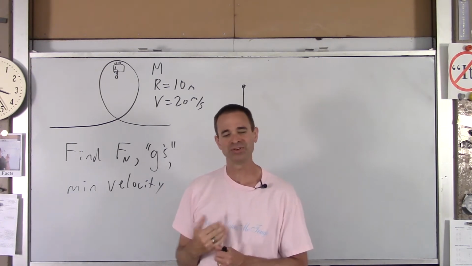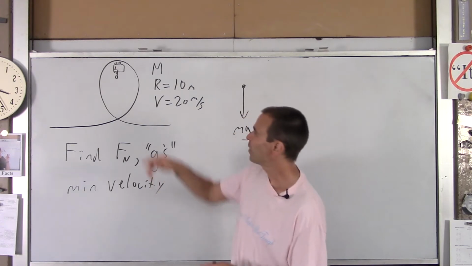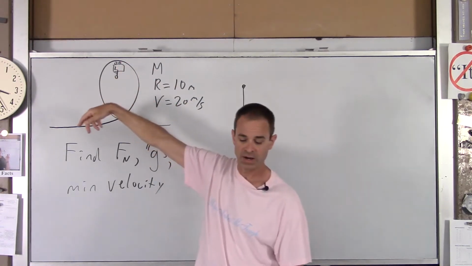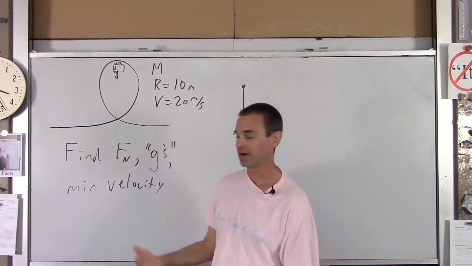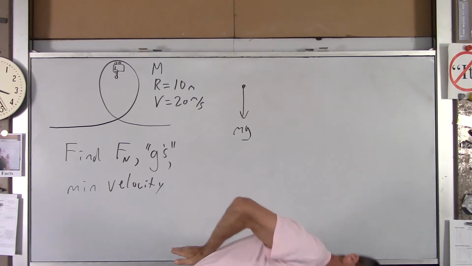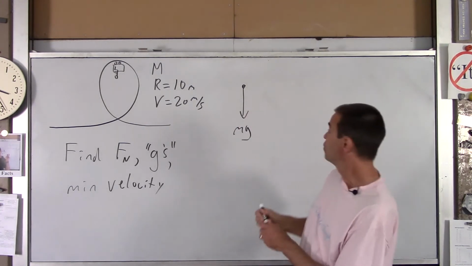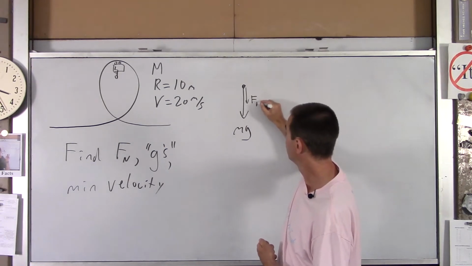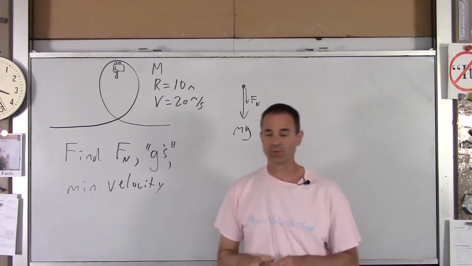The seat is pushing on their derriere. Now, which way is that seat pushing if they're making the loop and negotiating the turn without falling out? Well, they are upside down and the chair is pushing down on them. So the normal force from the chair also points down, and that's a key.